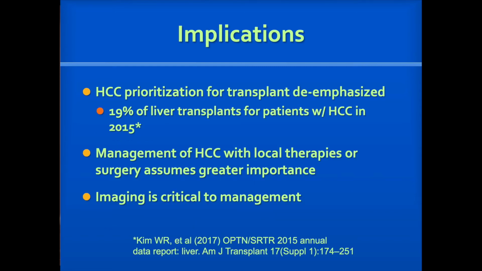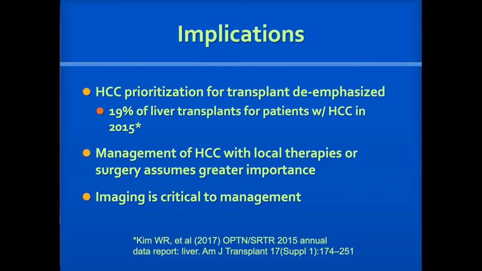Now, over the years, there was some concern because liver transplants were being done quite frequently for patients with HCC. So there was concern that it was prioritizing too many patients. At one point, almost 20% of liver transplants, for example, in 2015, were going to patients with HCC. And this was felt to be disadvantaging other patients with different causes of liver failure.